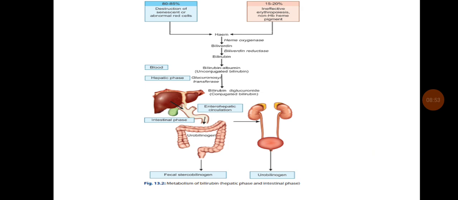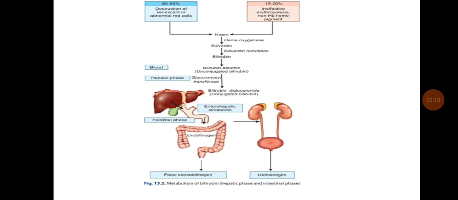So this is how the RBC is circulated and what its fate is. 80 to 85% gets destroyed after they become old, and 15 to 20% is because of ineffective erythropoiesis.